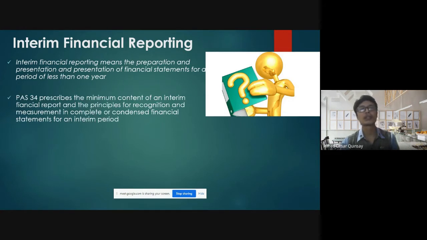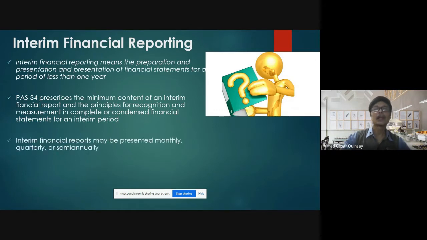PAS 34 prescribes the minimum content for an interim financial report and the principles for recognition and measurement in complete or condensed financial statements for an interim period. Like we said a while ago, interim financial reports may be presented monthly, quarterly, or semi-annually.